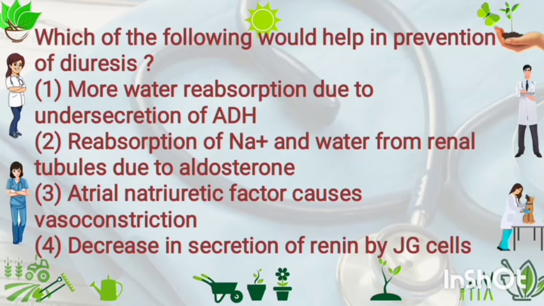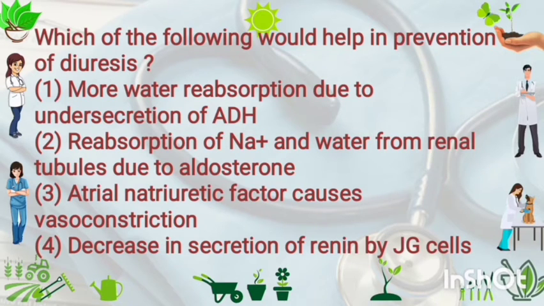Which of the following would help in prevention of diuresis? More water reabsorption due to undersecretion of ADH; reabsorption of Na+ and water from renal tubules due to aldosterone; atrial natriuretic factor causes vasoconstriction; decrease in secretion of renin by JG cells.